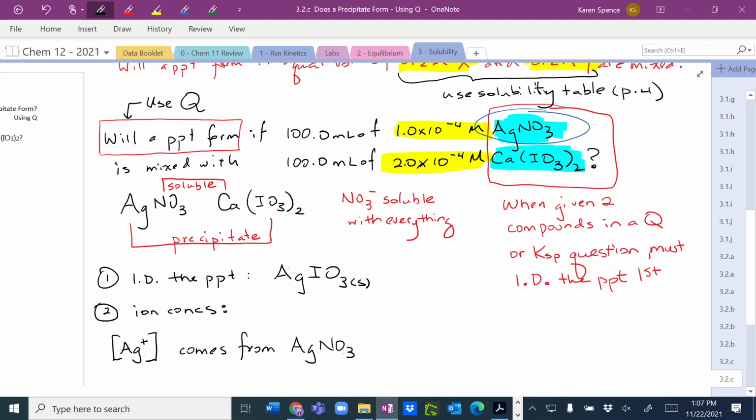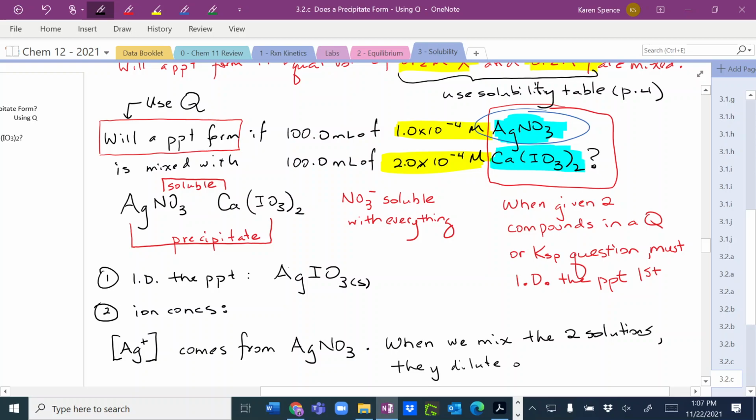And when we mix them together, what does one solution do to the other solution? They dilute one another, okay? So we are going to have to do a dilution calculation.